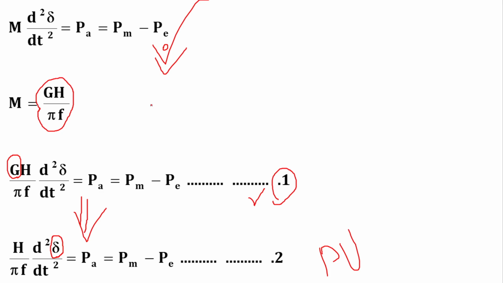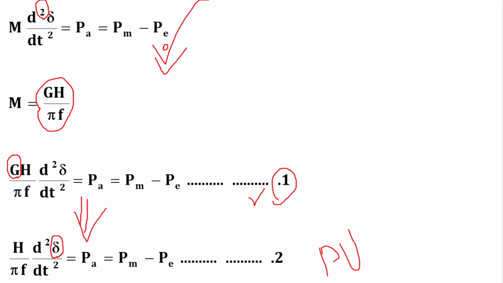You can see over here that this equation is called the swing equation. What does this equation describe? It describes the rotor dynamics of a synchronous machine, and you can observe that this equation is of order 2.